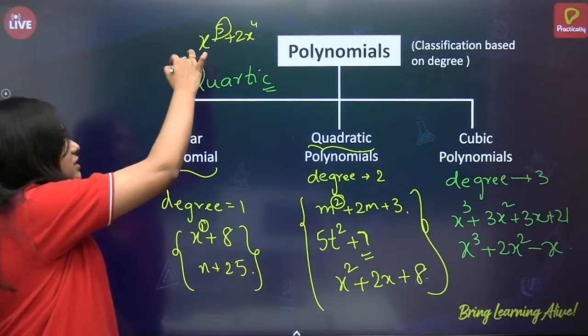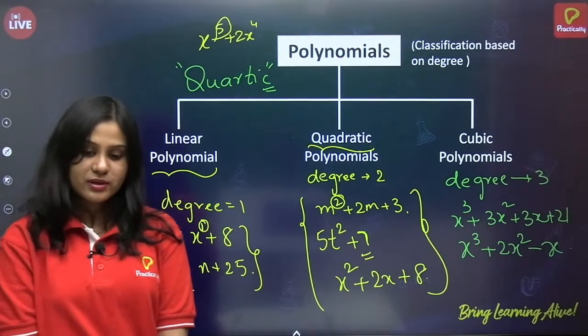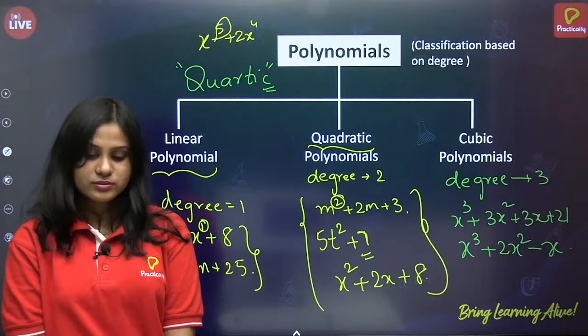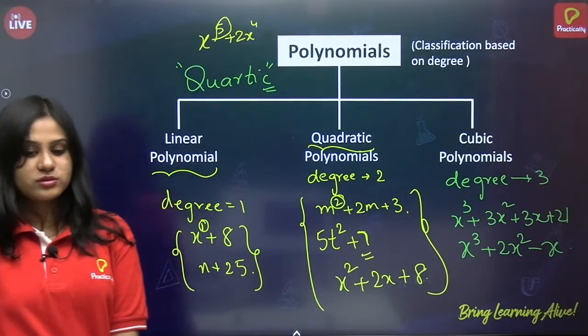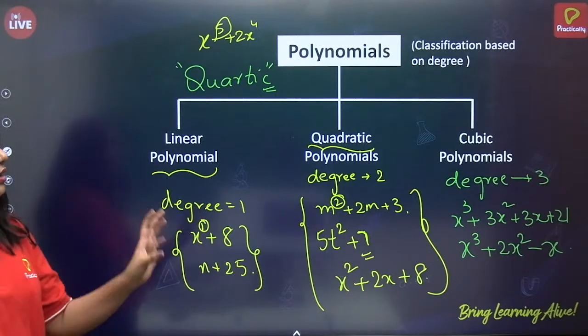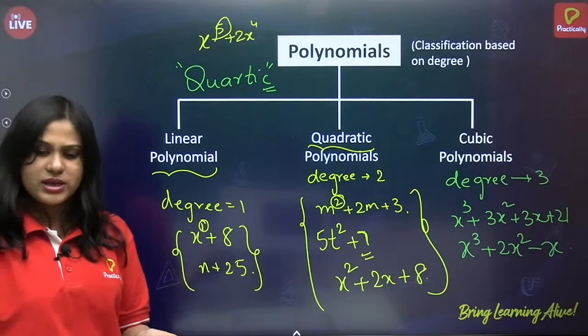If you have seen this term, you can answer. Four. Yes, the degree is 4. Till here it's fine; you just have to know what quartic is.